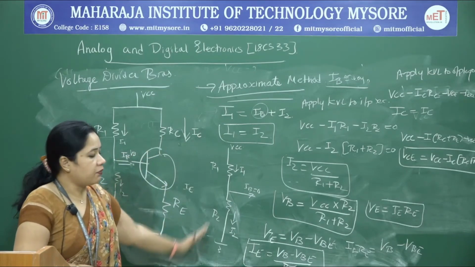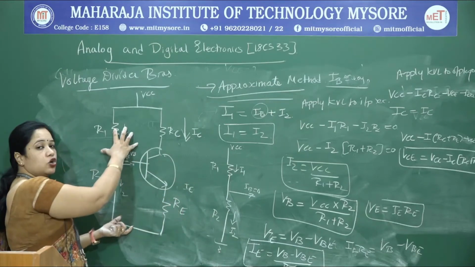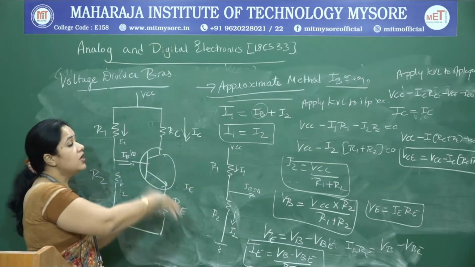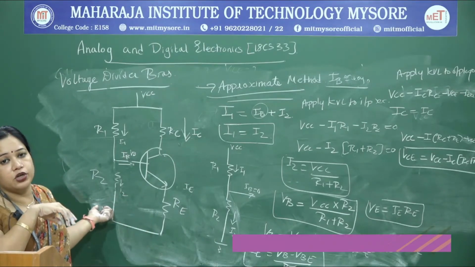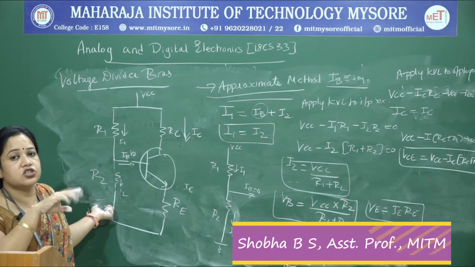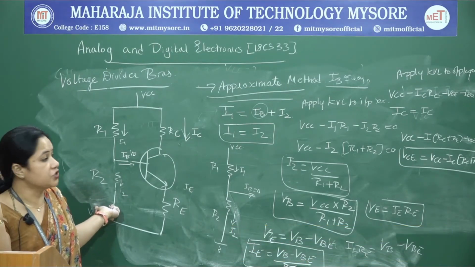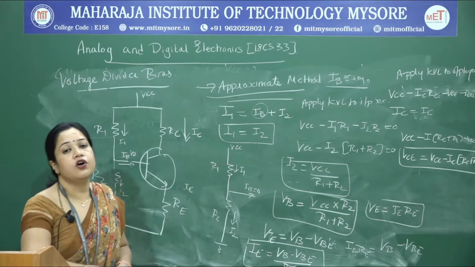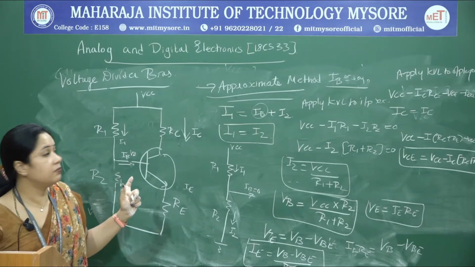So, one is we go with the approximate method, and the second one is we replace the circuit with the Thevenin's equivalent circuit. Then we can do the analysis directly by applying KVL to the input section of the Thevenin's equivalent model and applying KVL to the output section to obtain the expression for output voltage. So, we will see what the accurate method is.